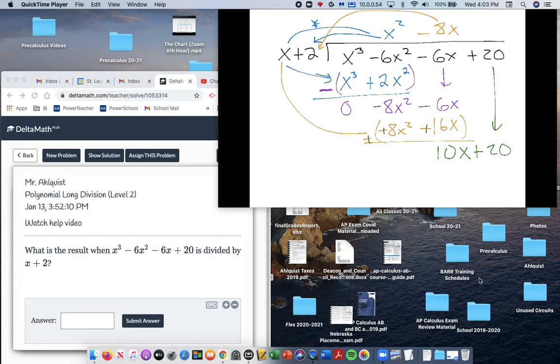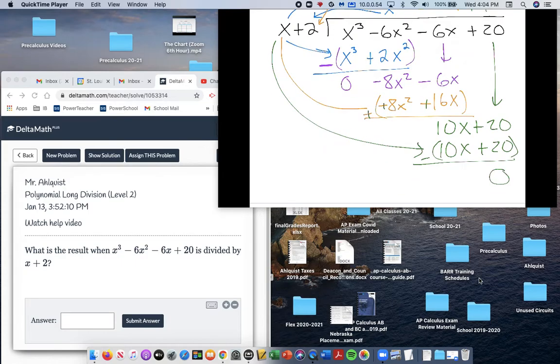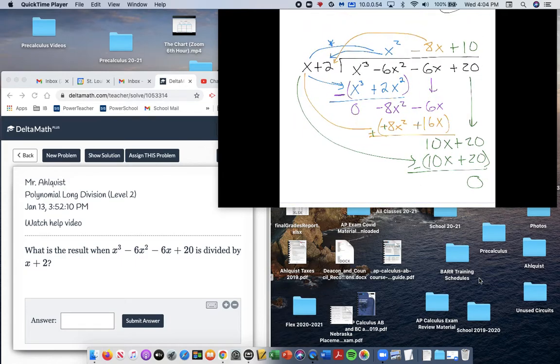So now x, in order to get 10x down here, this would need to be 10. If we multiply that 10 by the 2, we get 20. And if we subtract this, we get 0. So this right up here is our answer.